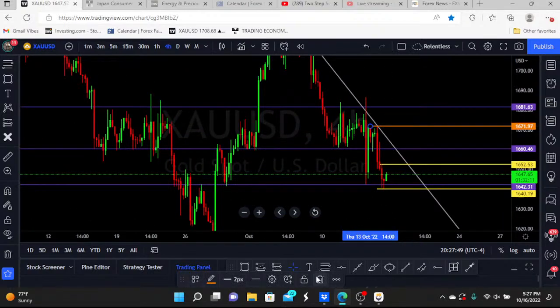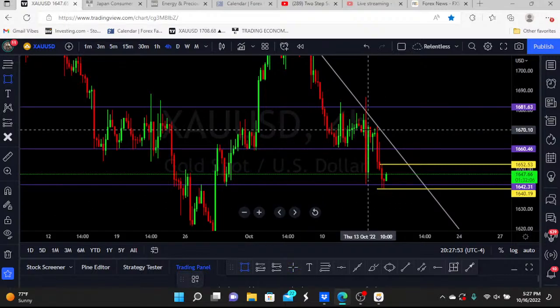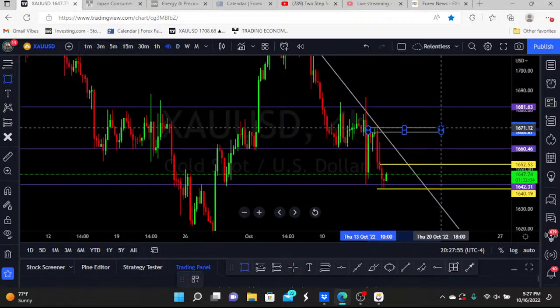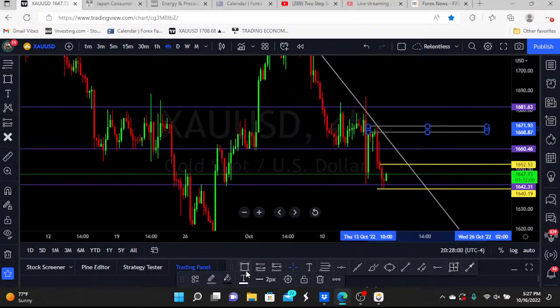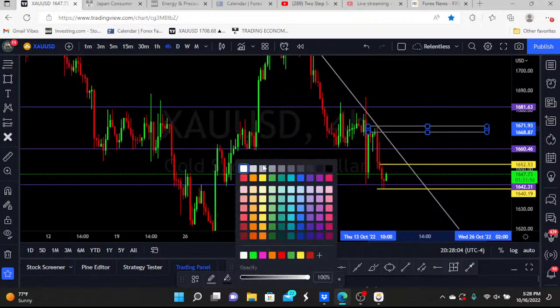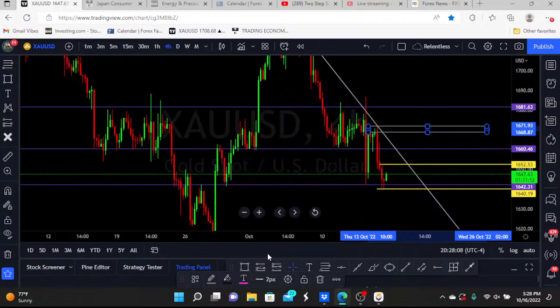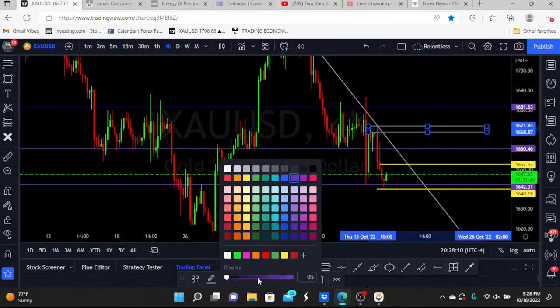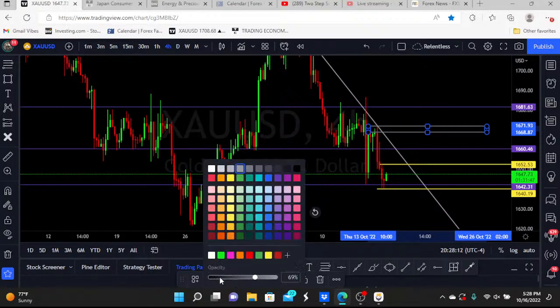I don't like that line. Lines are fine everywhere except for the key level. Key level gets a box, a shaded box. We'll go pink. Oh shit!